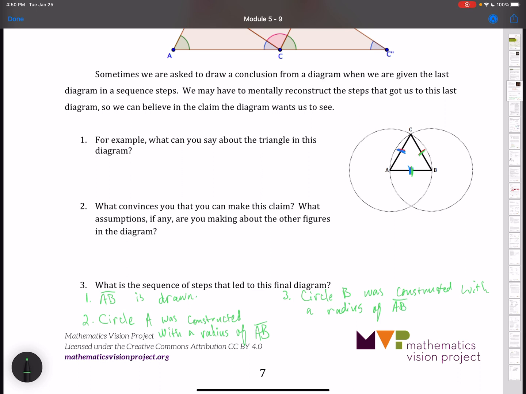The last one here would be that point C up here, where those two circles intersect, has lines drawn to both A and B. So we could say segments CA and CB are drawn from the point of intersection.